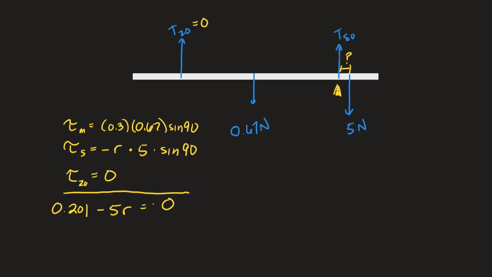You have to make one positive and one negative. So I just happened to make the one that had more space in front of the number negative. Either way, this just becomes 0.201 divided by 5. So it looks to me like I can place it at 0.04 meters away.